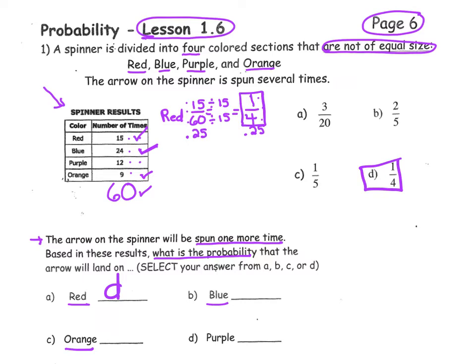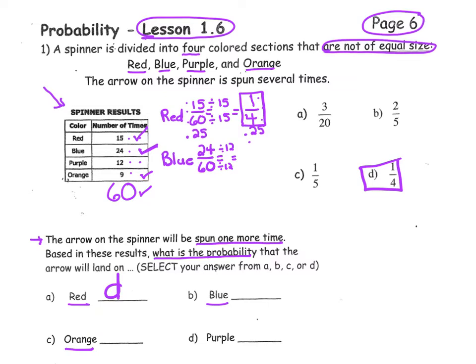Let's try blue. We know that the probability of spinning a blue is 24 out of 60. It has the strongest chance of occurring. We can simplify this fraction by dividing. We can divide 12 out of the numerator and the denominator.